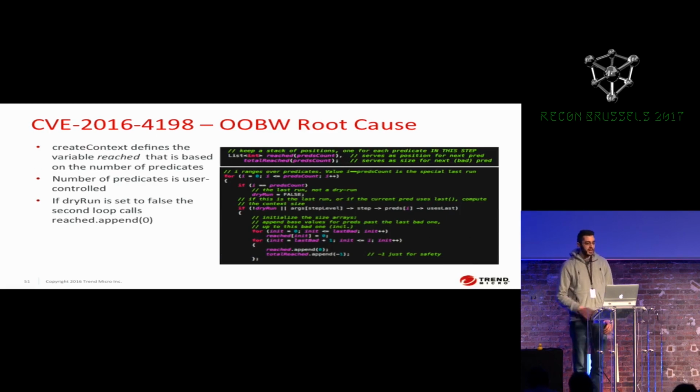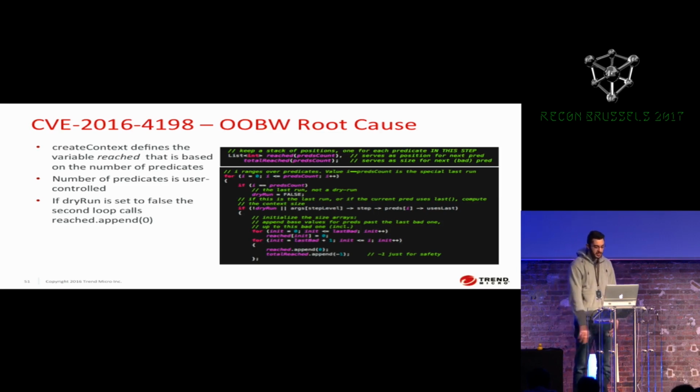So this is specifically what happened inside create context. Basically, all the XPath expressions are handled inside that create context function. First, it defines a list variable called reached, and it's set to the predicates count. Predicates are things that the user can control inside XPath expressions.